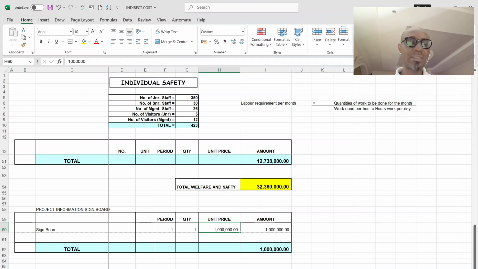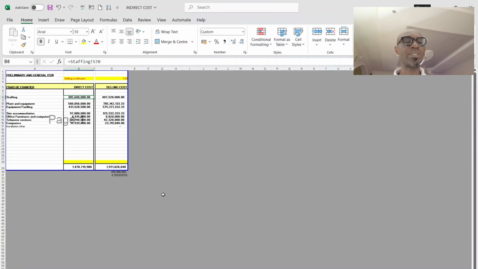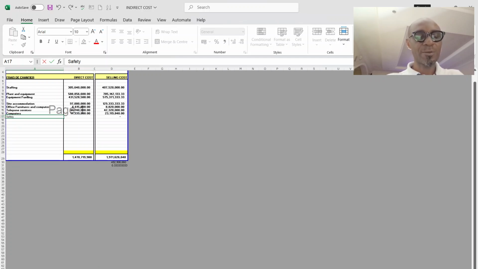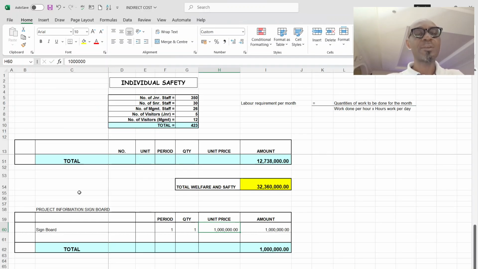So after this, we now go to the first summary sheet to link our safety costs.